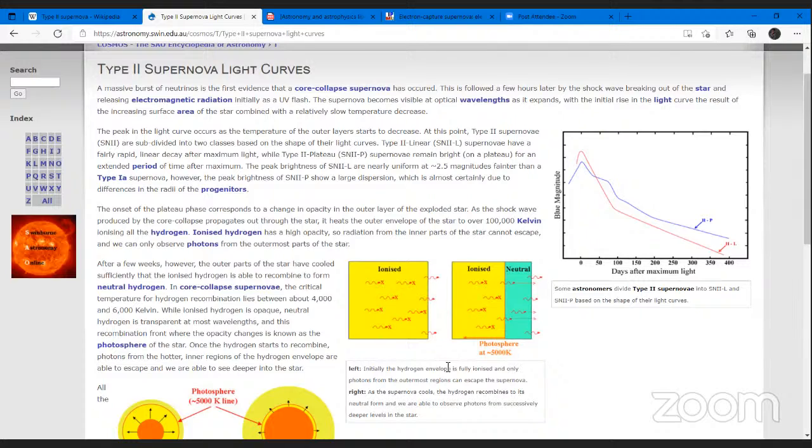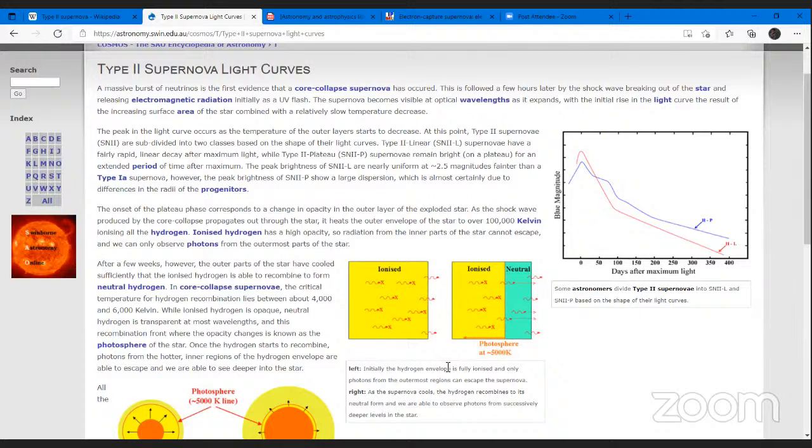For that reason, now I'll tell, because after a few weeks, the outer parts of the star have cooled to form neutral hydrogen. Then in core collapse supernovae, the critical temperature for hydrogen recombination lies between 4000 and 6000 Kelvin.